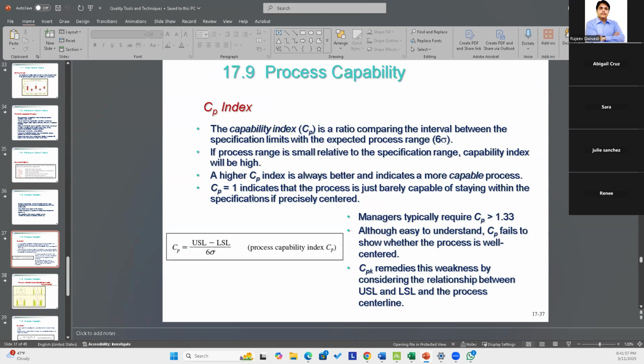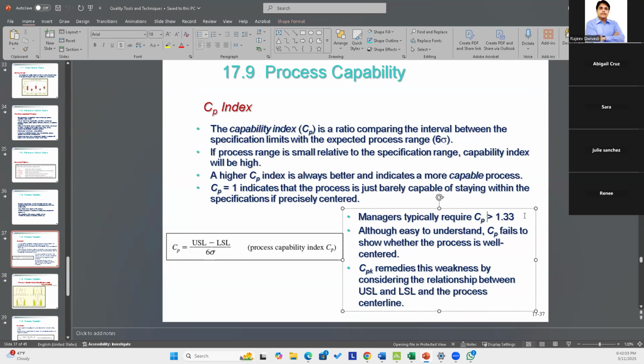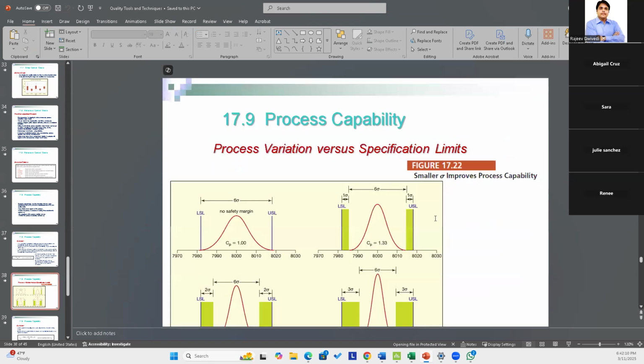So if CP is greater than 1.33, we need to remember these things, and now look into the charts.